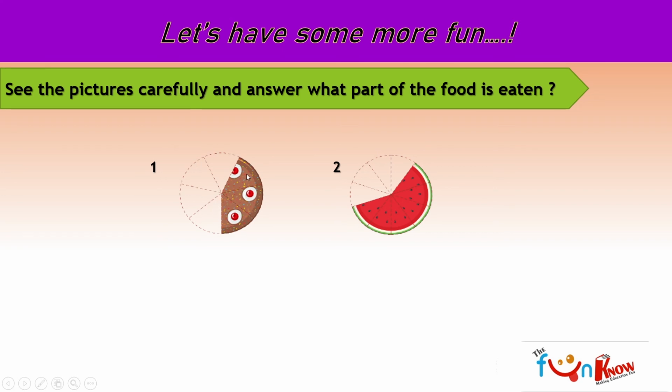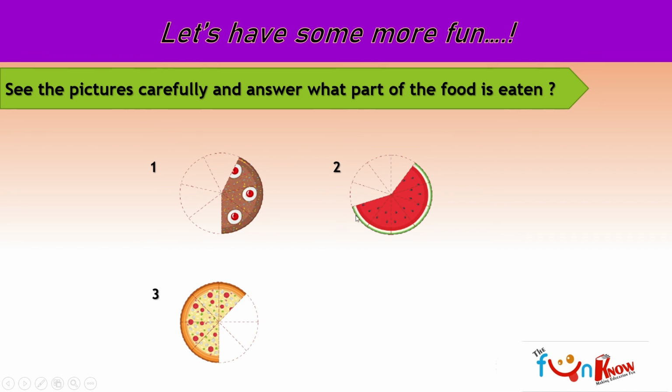And how many parts has someone already eaten? 1, 2, 3, 4. So 4 parts are already eaten, so some kid has already eaten it. Okay. So I feel 4 parts are already eaten, then it will be 4 by the whole, that is 7.